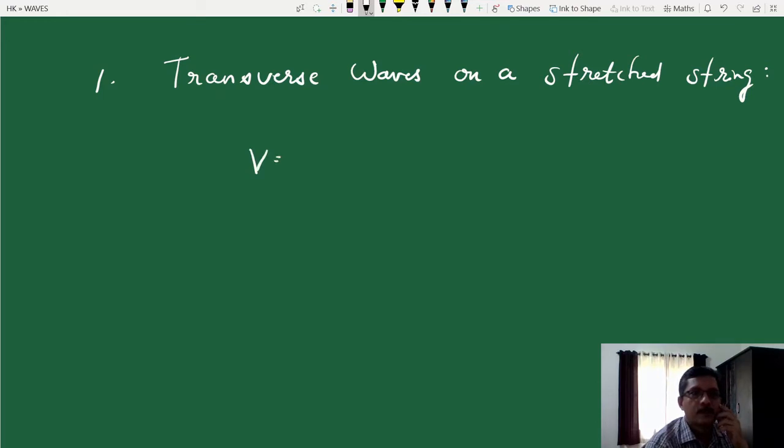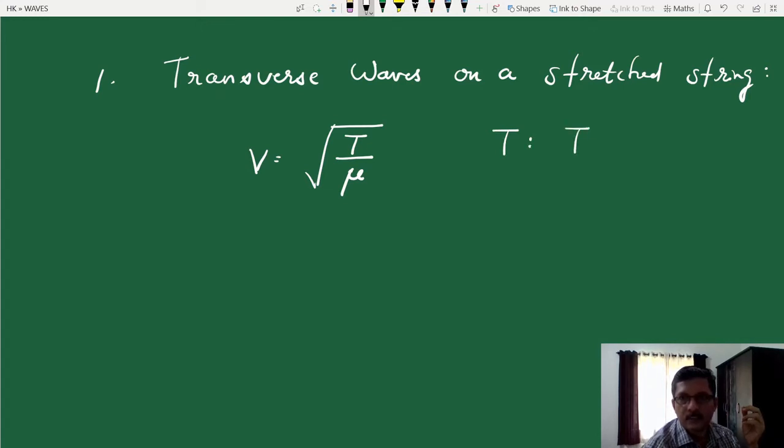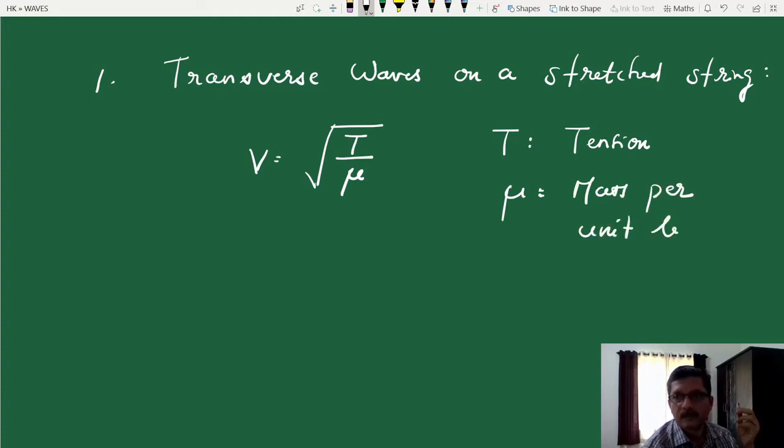The expression for the wave speed is square root of T by mu, where T is the tension or force on the string, and mu is the mass per unit length of the string, measured in kilogram per meter. It's also called linear density. This is the velocity of transverse waves, the expression for the speed of transverse waves on a stretched string.